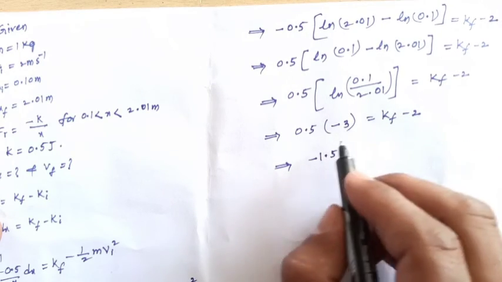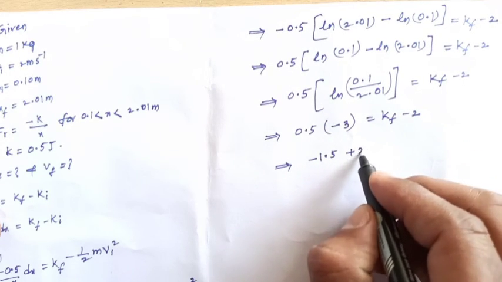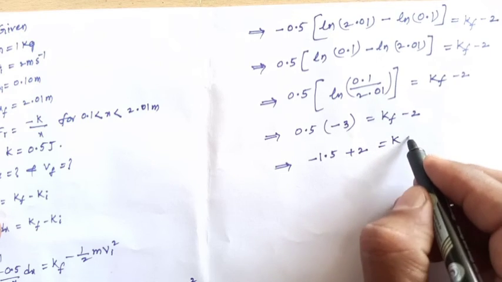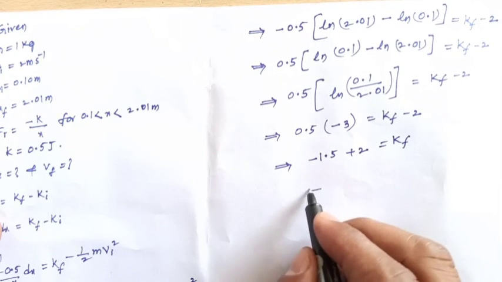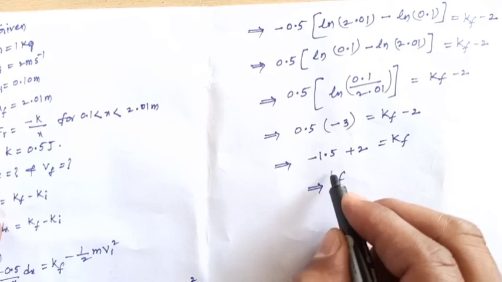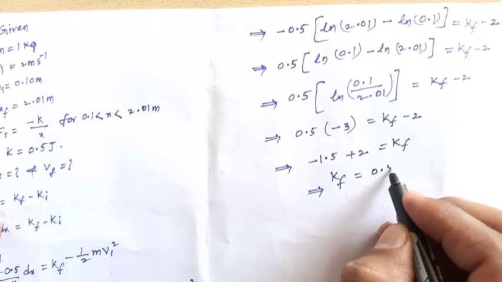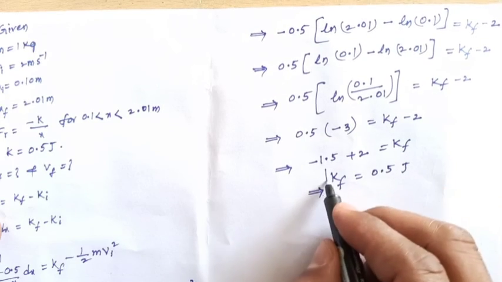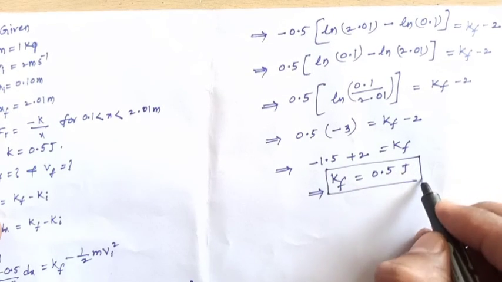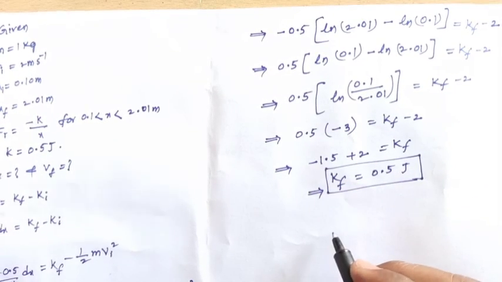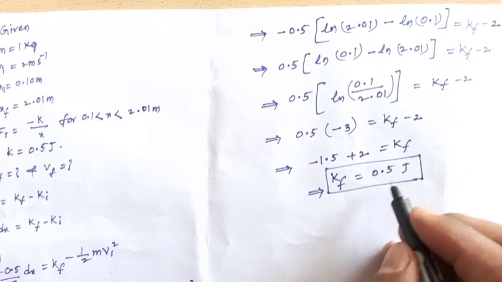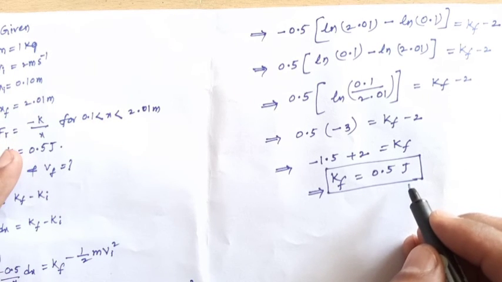Taking 2 to this side, it is plus 2, equals Kf. So the final kinetic energy Kf equals 0.5 joules.